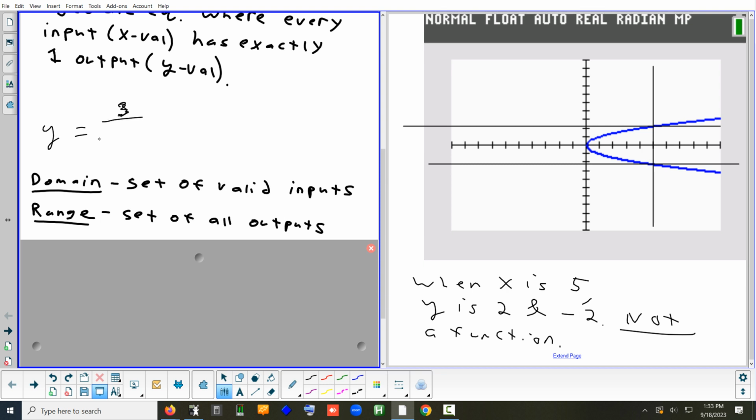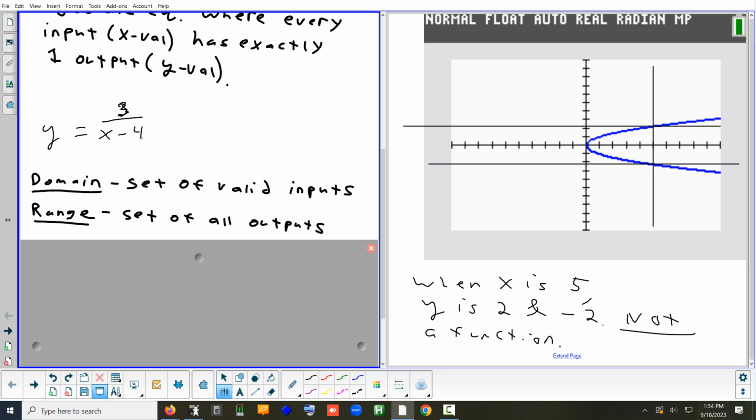So let's say we have 3 divided by x minus 4. When you have a fraction, there's always something you want to be careful about. Something you don't want to do. Does anybody remember what you don't want to do when you have a fraction, Alex? You don't want the denominator to equal 0. Right.